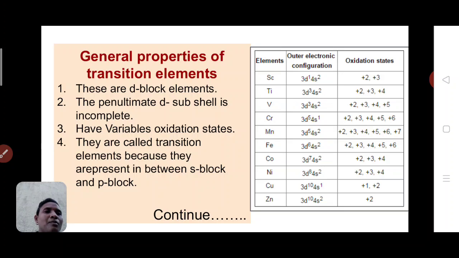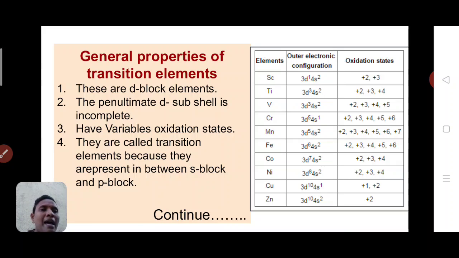So if any atom loses one electron, then it acquires a +1 oxidation state. If any atom loses 2 electrons, then it acquires a +2 oxidation state. So d block elements have variable oxidation state, meaning they have more than one, that is, different oxidation states.